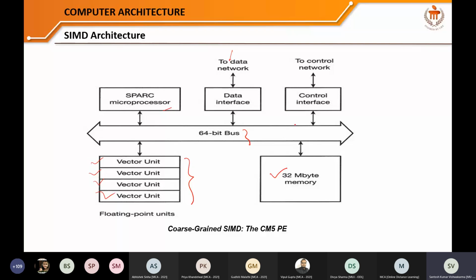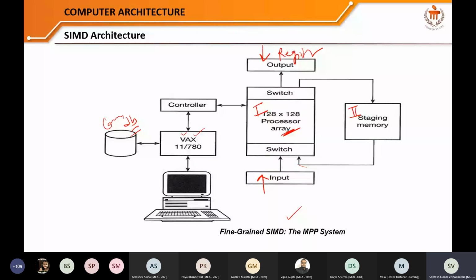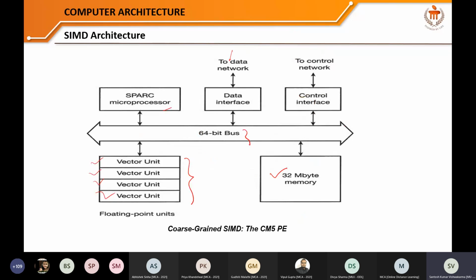All right, now based on this, because I think we still have time left. Yes, based on this, I have shown the first one, the fine-grained system, and we talked about the part of memory and how it is implemented. We also talked about the registers, input and output, the switching elements, and the Virtual Address Extension also. Now this is fine-grained, and the second is coarse-grained.